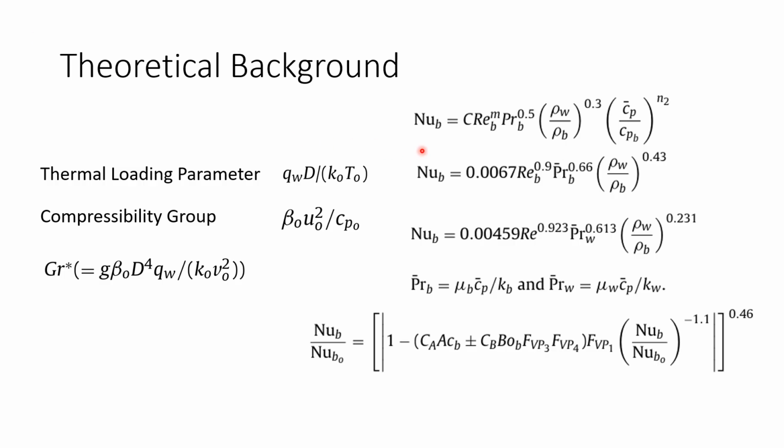The researchers also tried with the Nusselt number. So the Nusselt number, while considering the buoyancy forces, is represented using Nusselt number B, and it has a general format of this kind. So there is some constant, Reynolds number, Prandtl number, density ratio, and heat capacity ratios. And there are some parameters like m and n2, and these equations are fitted to the experimental data.